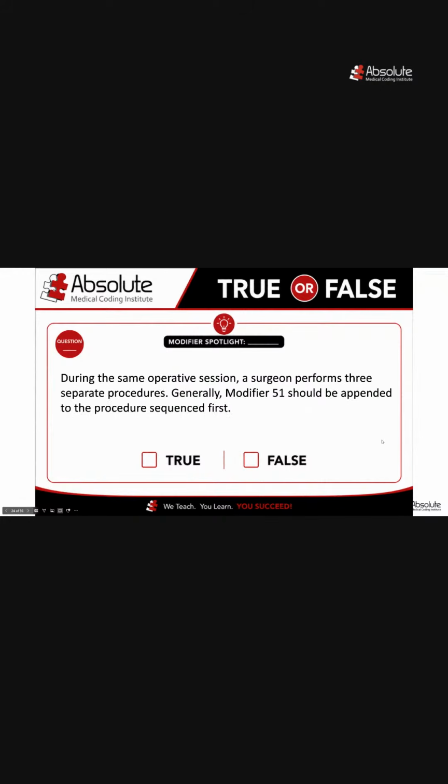All right. Good job, everyone. Great job. Here's the next one. During the same operative session, a surgeon performs 3 separate procedures. Generally, modifier 51 should be appended to the procedure sequenced first. True or false?